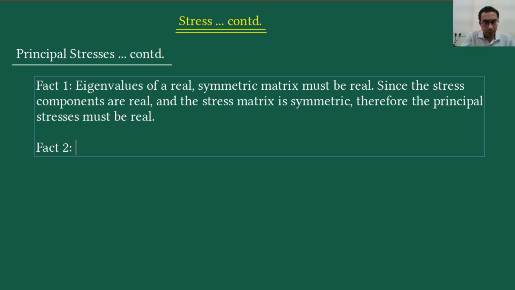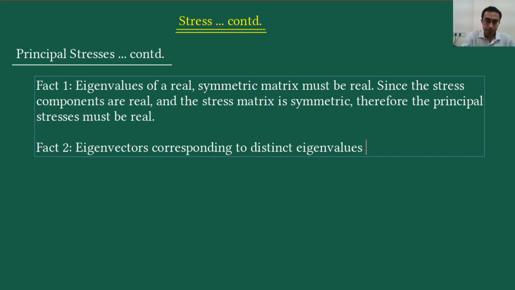So the eigenvectors corresponding to distinct eigenvalues must be perpendicular to each other.